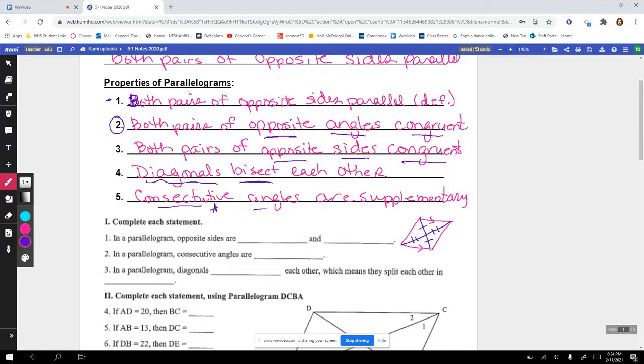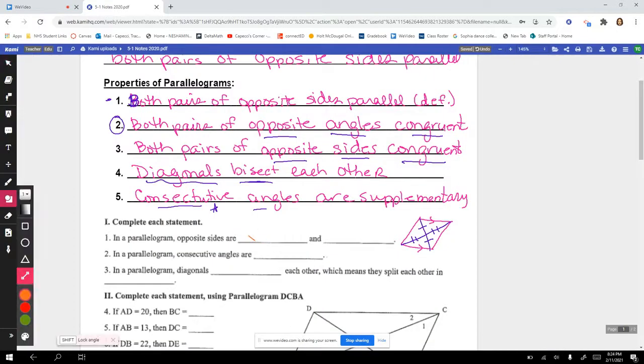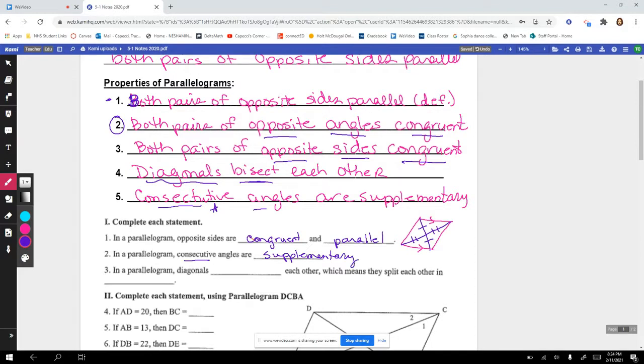All right, so let's just kind of recap here. In a parallelogram, opposite sides are both congruent and they are parallel. We know that consecutive angles are supplementary, meaning that they add up and equal 180.